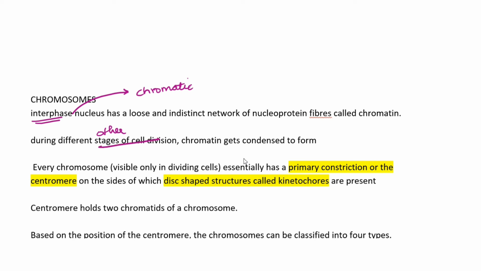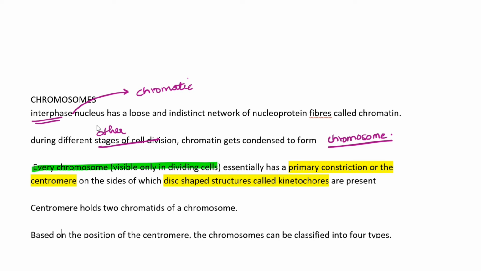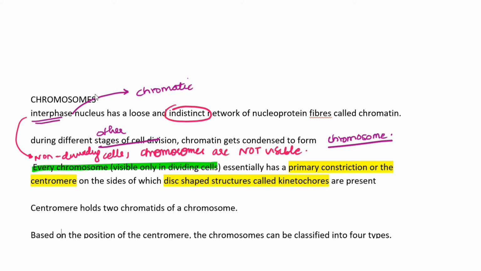So every chromosome is visible only in dividing cells. When a cell is not dividing, it is known as interphase cell. In such interphase cell, chromosomes are not present, chromatin is present. So each chromosome has a primary constriction or the centromere, and on both sides of centromere there are disc-shaped structures known as the kinetochore.